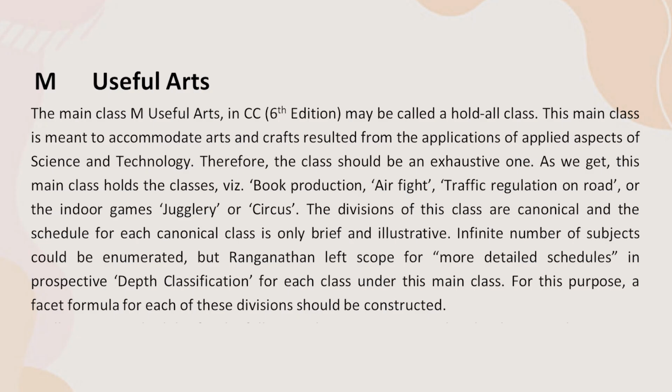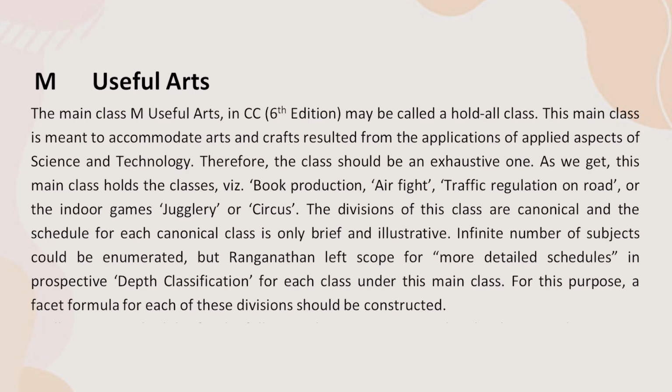Therefore, the class should be exhaustive one, and as we get this main class holds the classes such as book production, air fight, traffic regulation on road, or indoor games, jugglery, or circus, and many other.